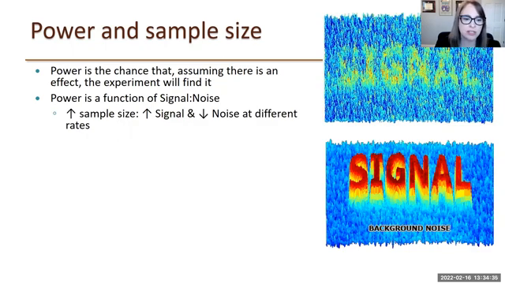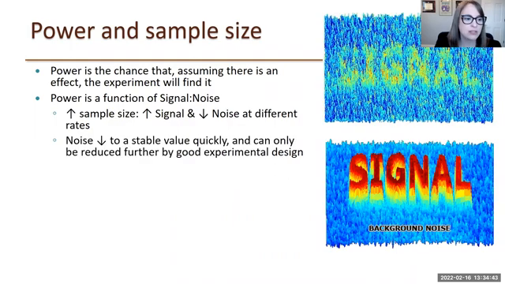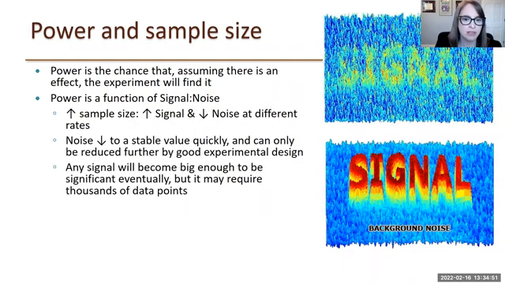But the thing that's interesting and that not a lot of people appreciate is that signal and noise increase and decrease at different rates. Noise decreases to a stable value very quickly and can only be further reduced by good experimental design. Any signal will become big enough to reach significance, but it may require thousands and thousands of data points or animals to get there.